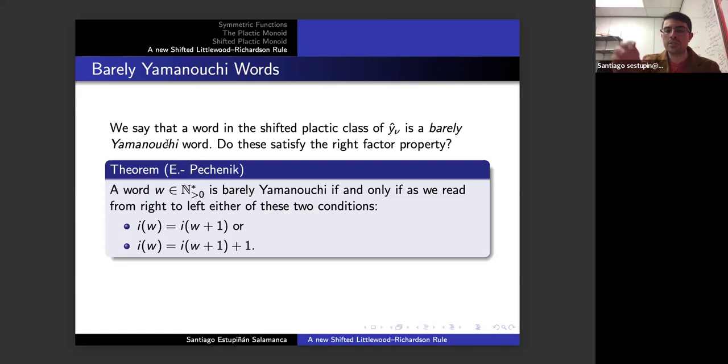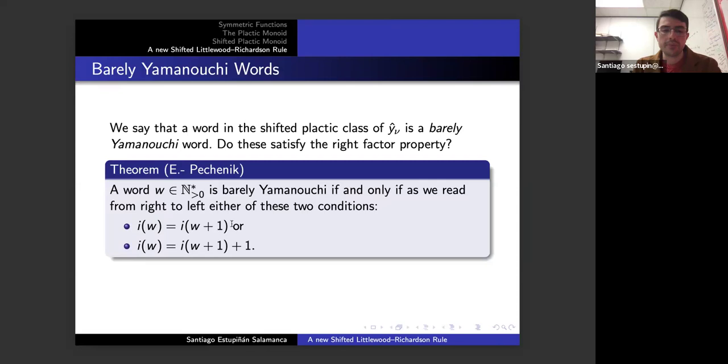So the Yamanouchi condition is you have more i plus ones than i's as you read from right to left. You can characterize being Berli Yamanouchi by being a certain word that, as you read from right to left, has either the same number of i's and i plus ones, or exactly one more i than the number of i plus ones.